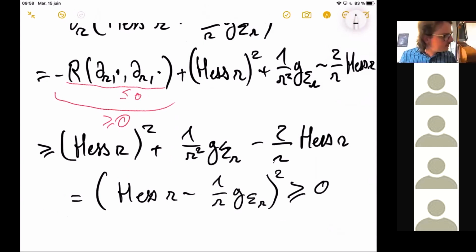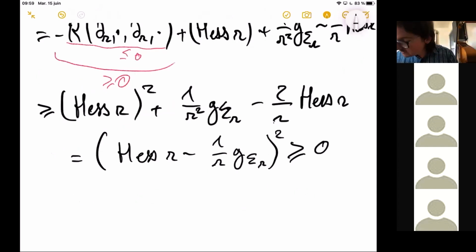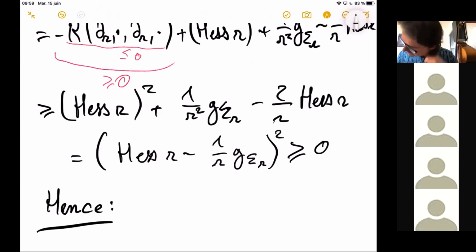So when you plug in a vector, like a constant vector, that will tell you that the Hessian R xx minus 1 over R norm of x squared is an increasing function of R. So it's 0 when R equals 0, and it's increasing, so it's non-negative.